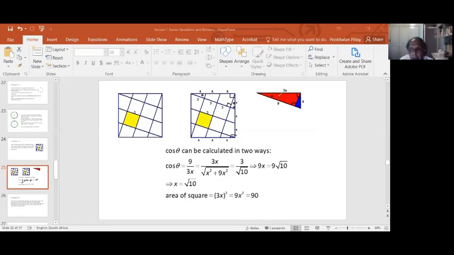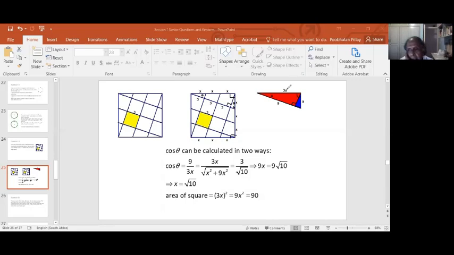And now I say that the cosine, you see, we need to calculate 3x. If you look at 3x, it's a side of the red triangle. What do we know about the red triangle? We know that this side here is 9. You see, it's the same as this. And this is the adjacent side for this red triangle as far as theta is concerned.